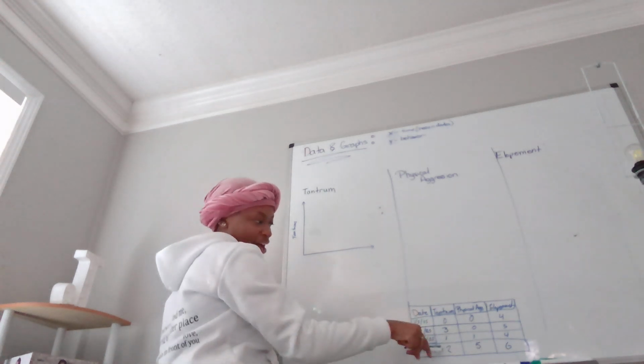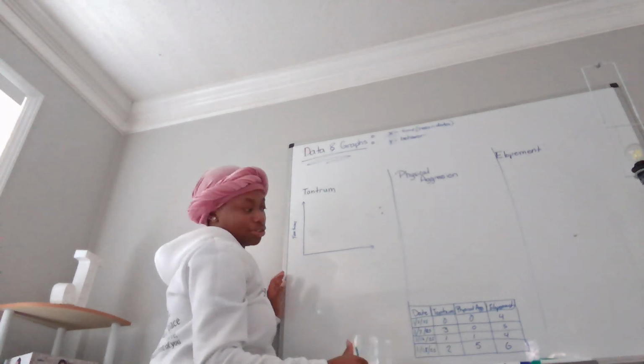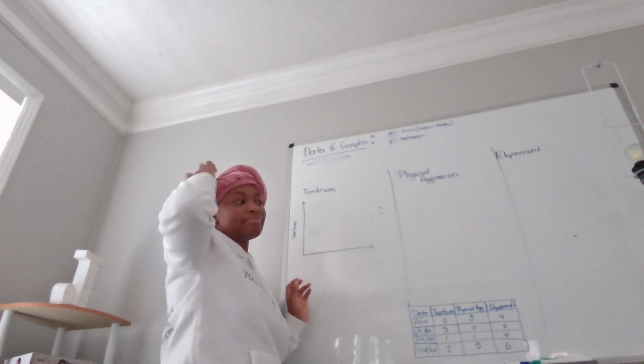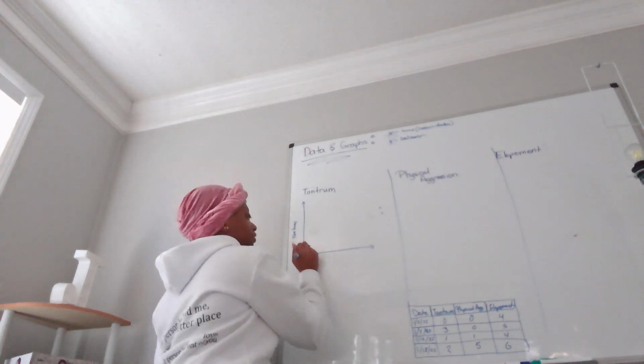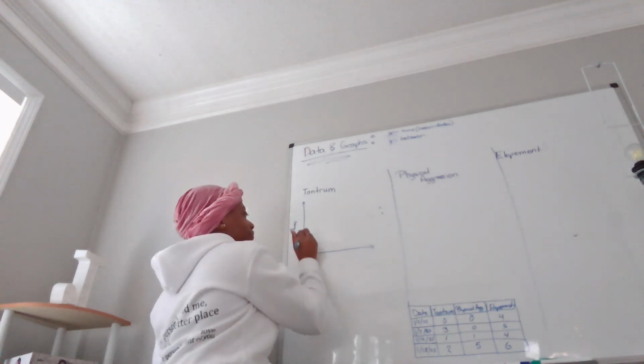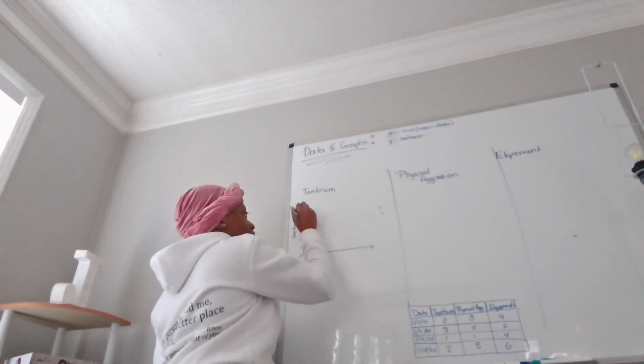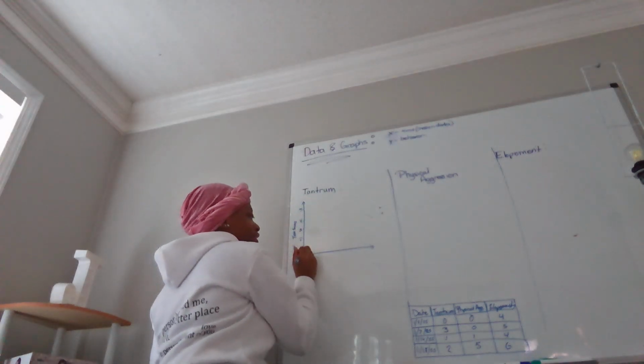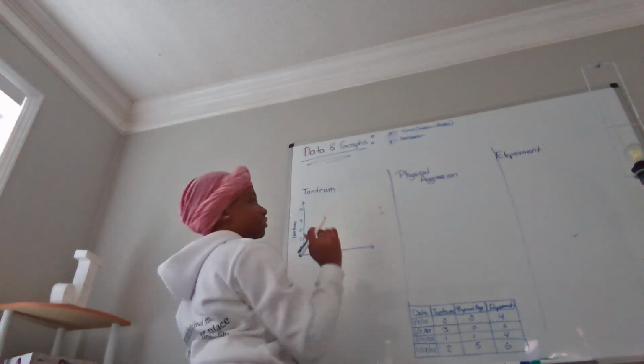So on here we have the max being 3, so I'll do a scale of 0 to 5, just so you can see the graph a little better.